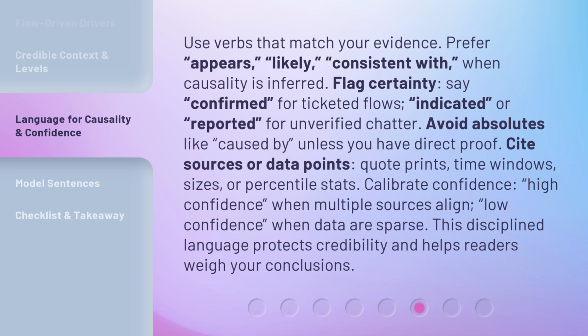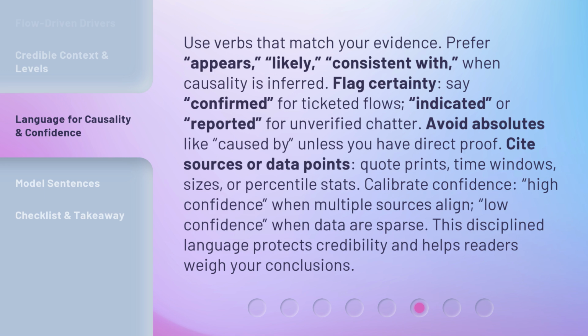Use verbs that match your evidence. Prefer appears, likely, consistent with, when causality is inferred. Flag certainty. Say confirmed for ticketed flows, indicated or reported for unverified chatter. Avoid absolutes like caused by, unless you have direct proof.